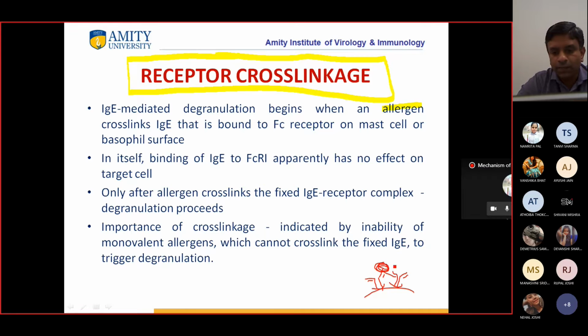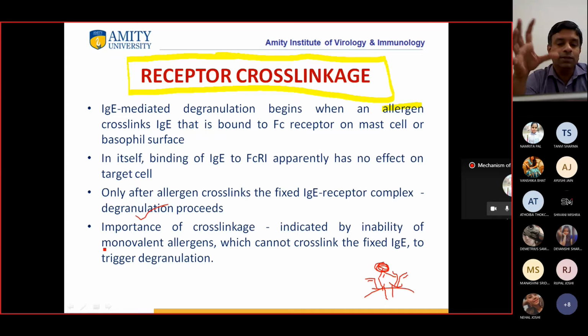Okay, so now the whole signal is ready, right? Everything is linked. When this linking happens, the ITAMs on the receptors get activated, right? So in itself, binding of IgE to these receptors has no effect on the target cell. If only IgE comes and binds, nothing will happen, but when the allergen comes a second time, then the process of degranulation starts. Okay, only after the allergen cross-links the fixed IgE receptor complex does the degranulation proceed.